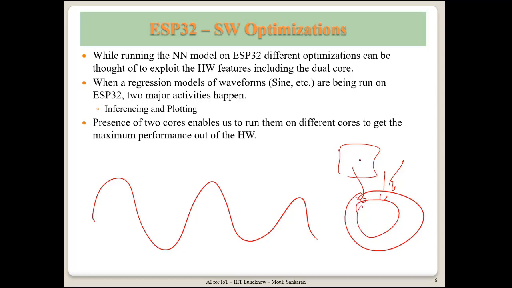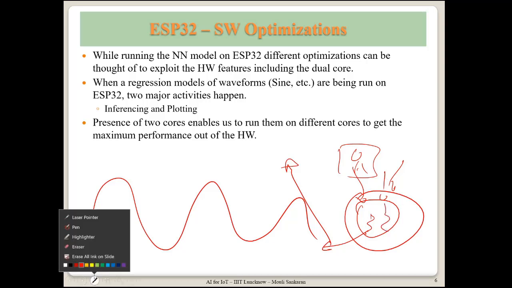If a face recognition software is running, you want to run it fast and output it so that you can send it to the internet through Wi-Fi or whatever internet connection, and then take action. So the inference engine has to run faster, and you need to find a way of doing it.